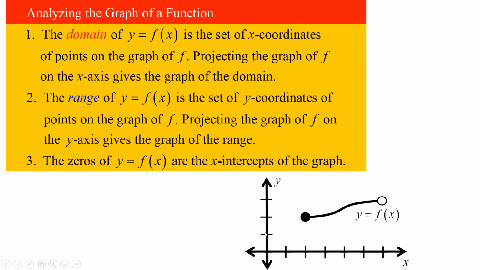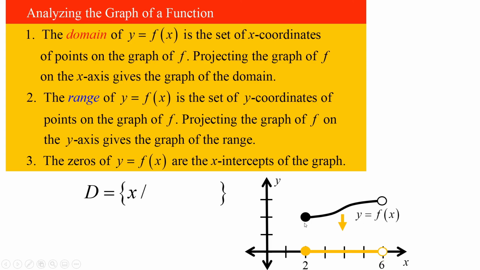So if I take this graph and I project it down onto the x-axis, I'd have a closed dot at x equals 2. And then I'd have an open dot at x equals 6.